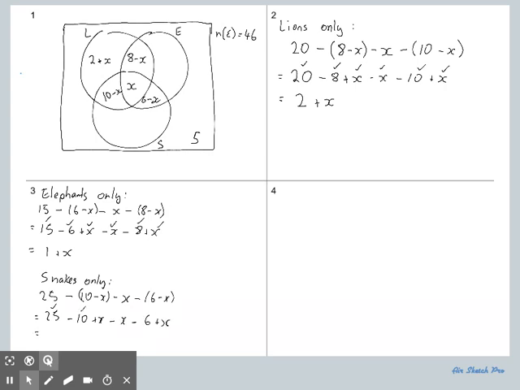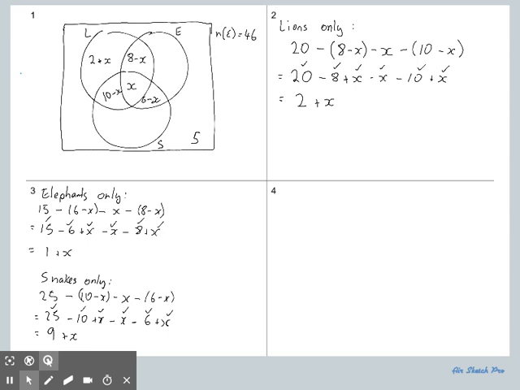That would give us 25 minus 10 is 15, 15 minus 6 is 9, and plus x minus x is 0, plus x is plus x. I hope you can see that putting those little ticks on top of the numbers doesn't stop people from being able to read it, but helps you keep check of what you've used and not used.